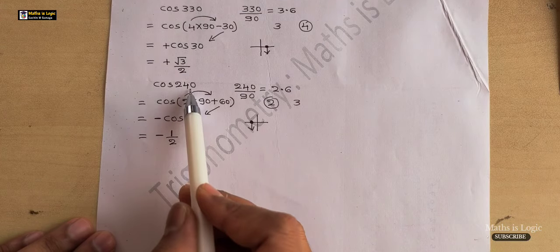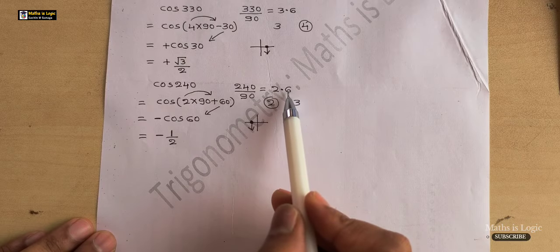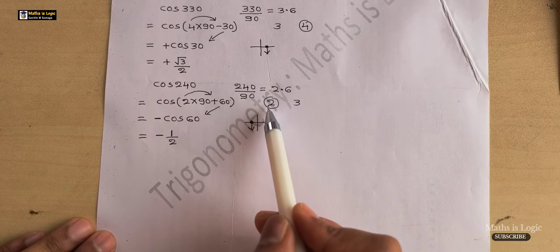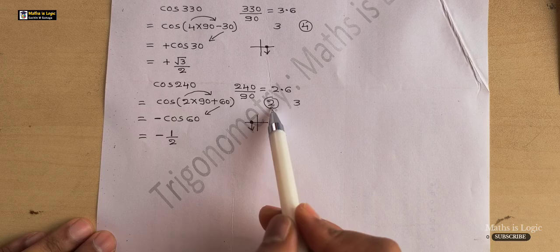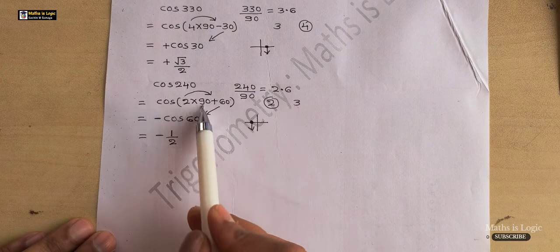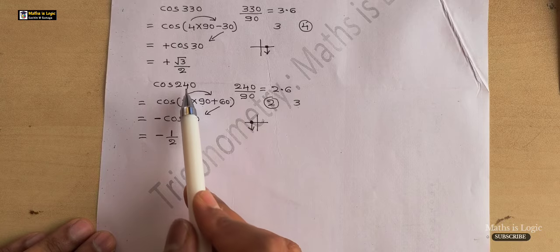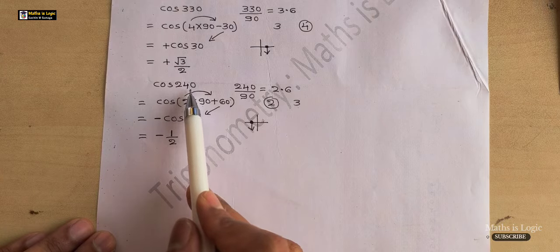Next cos 240, first step 240 divided by 90, 2.6, that means 2.6 comes in between 2 and 3, go for even number, therefore 240 can be written as 2 into 90, 180, 180 plus 60 is 240.